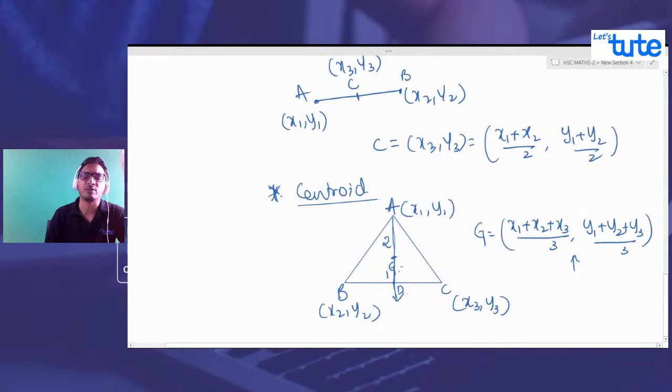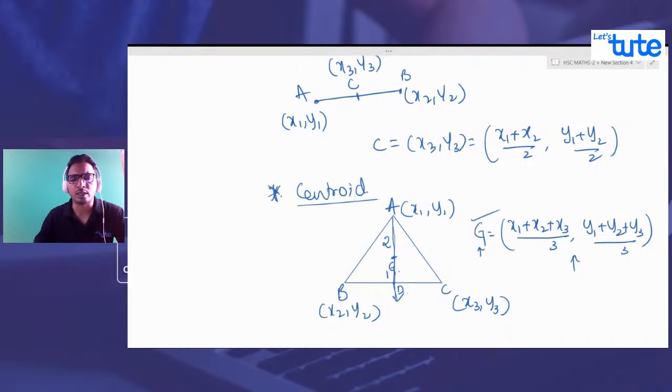So this is the fact which we should know. The point G always divides the medians in the ratio 2:1. So when we apply this ratio and all the points, we definitely get G equal to this: (x1 + x2 + x3) by 3 and (y1 + y2 + y3) by 3.